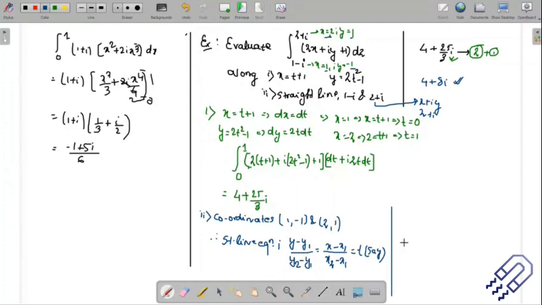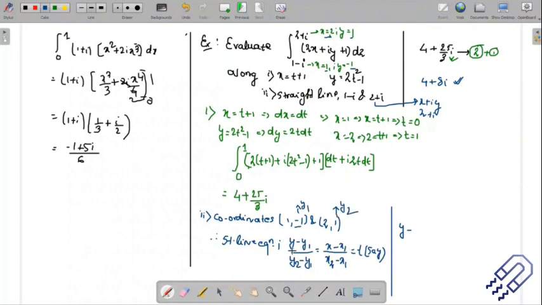Maybe you can write it down as y minus y1. What is my y1? Sorry, not 2. I think I've written it wrong. No, this is 1. Fine. So y1 is -1. This is my y1, and this is my y2.